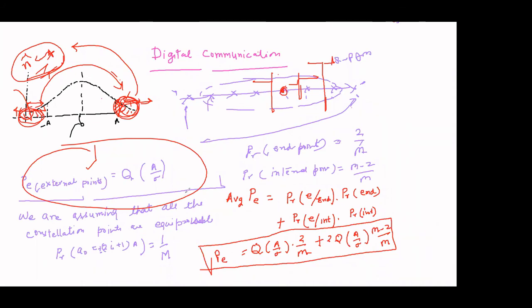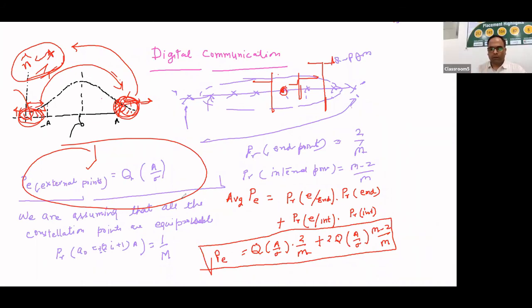So now we got the formula for probability of error. This is Q(A/σ) into 2(M−2)/M, plus 2Q(A/σ) into (M−2)/M, right? Now we can further solve this to get the average probability of error.